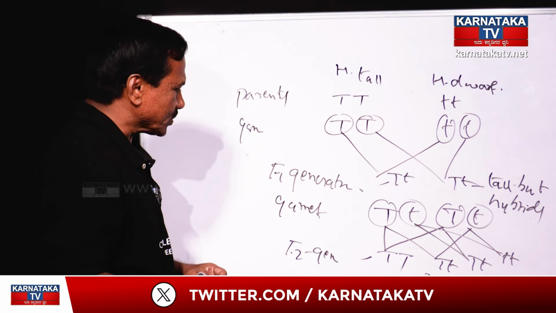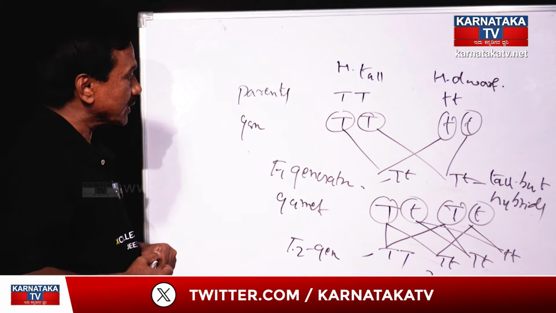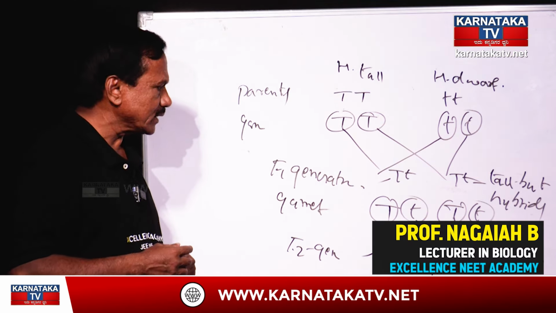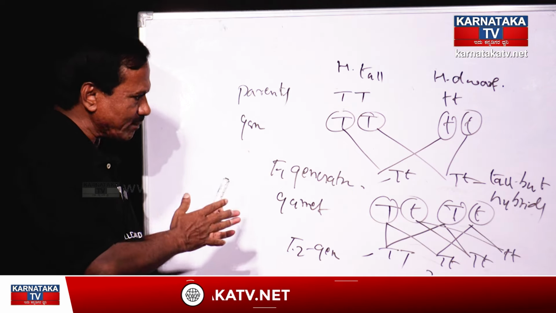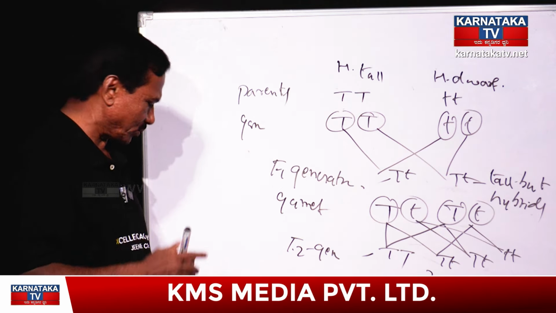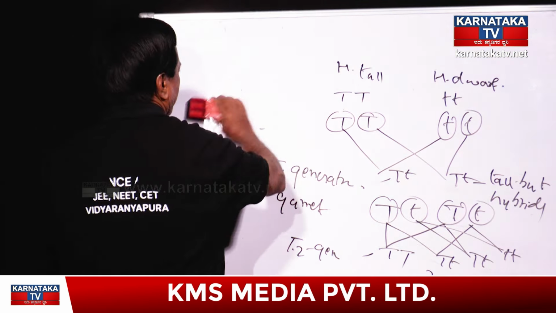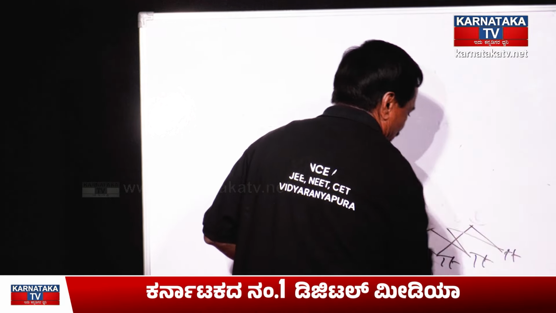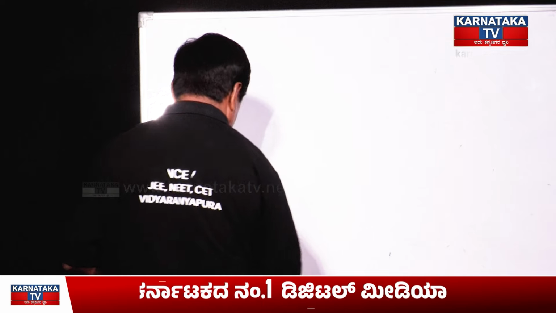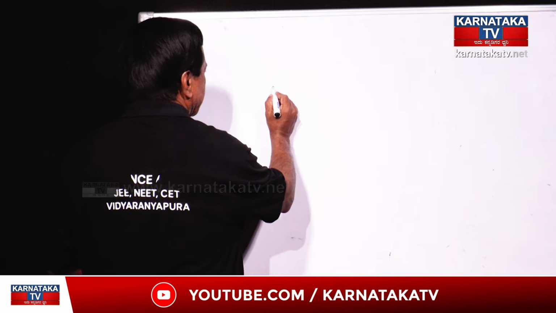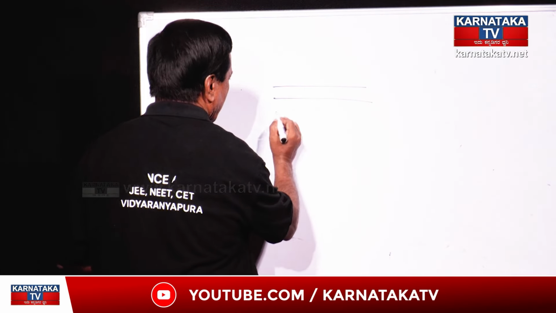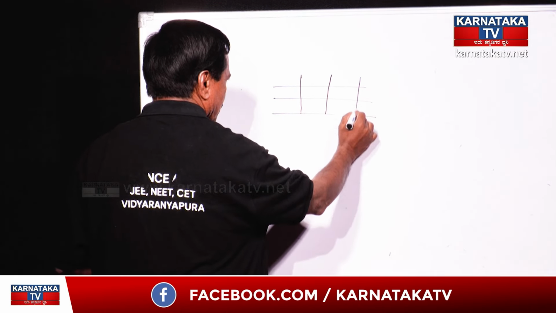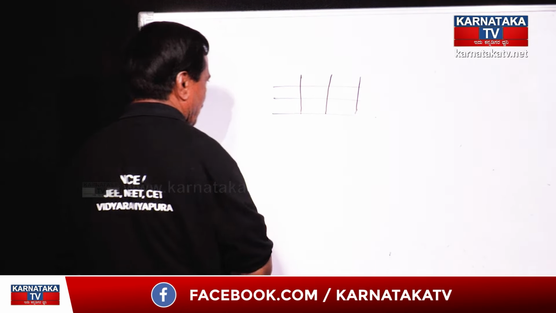So we have to write this flow chart. After that, you have to explain the same with the help of the Punnett checkerboard. I will show you that. This is the Punnett checkerboard.